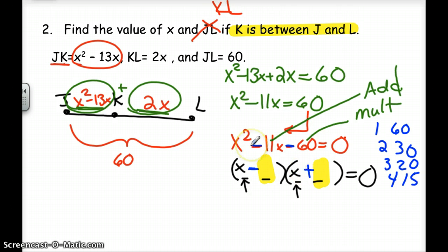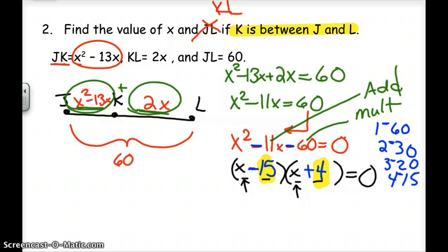Because it's negative 11, my larger one has to be negative. And when I was writing 4 and 15 down, do you see positive 4 and negative 15 gets me negative 11? So it's going to be negative 15 and then plus 4.